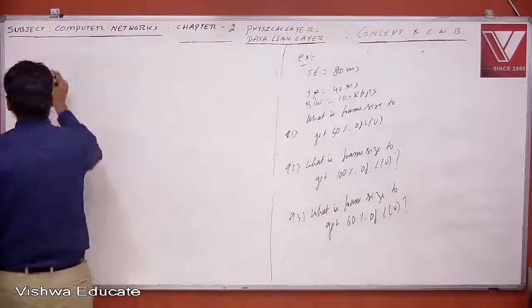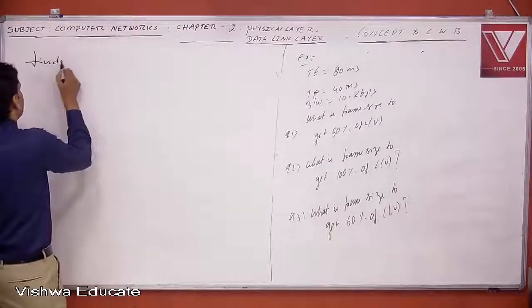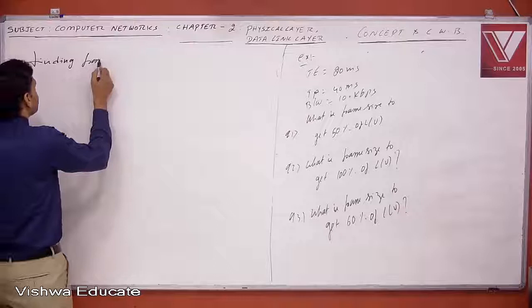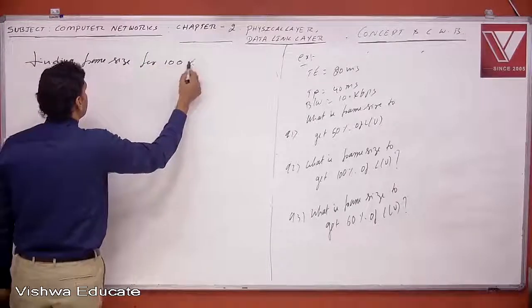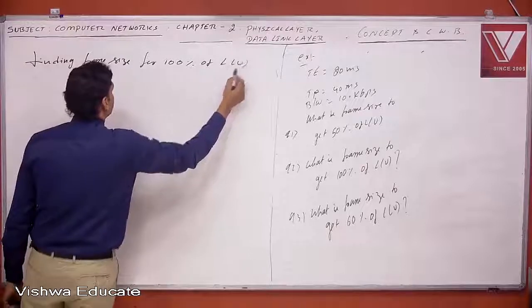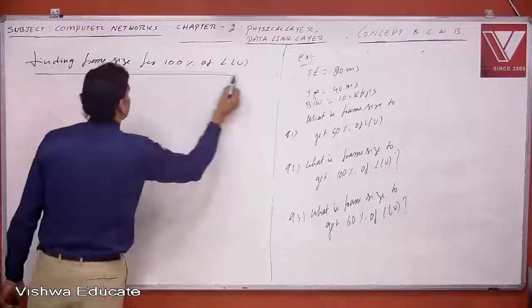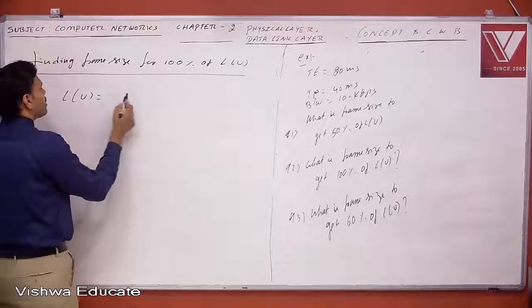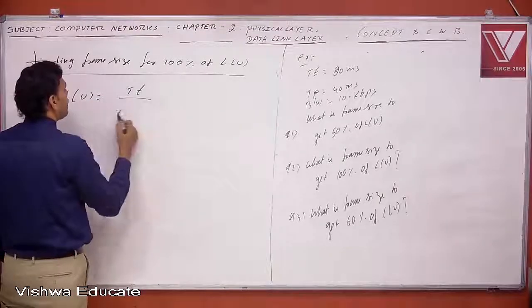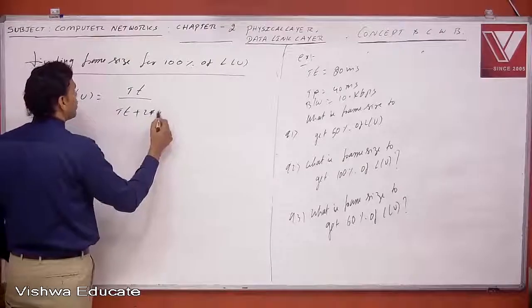Now I am finding the frame size for 100% of link utilization. What is 100% of link utilization? So link utilization is nothing but Tt by Tt plus 2 into Tp.